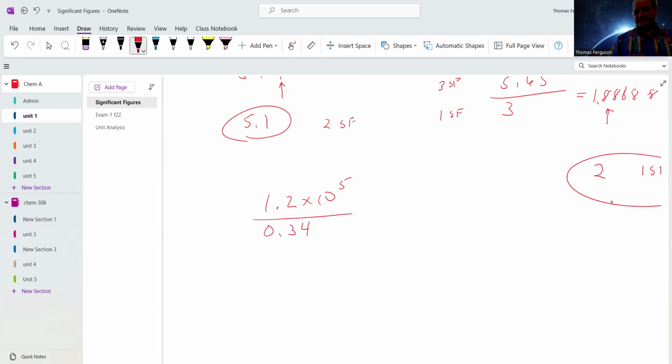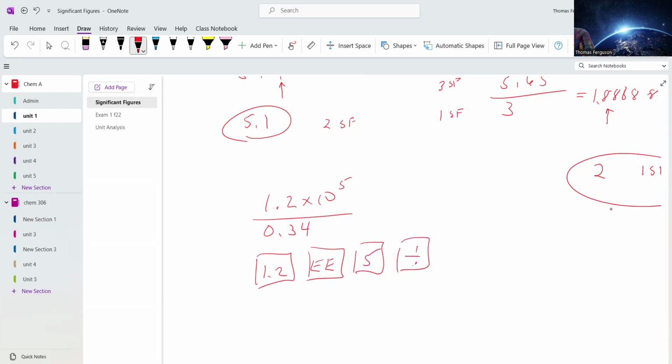You go 1.2, hit the EE key, 5, hit the divide key, enter. That's if you have a calculator that's got an EE on it. Sometimes you have to shift to get to your EE, sometimes you don't.